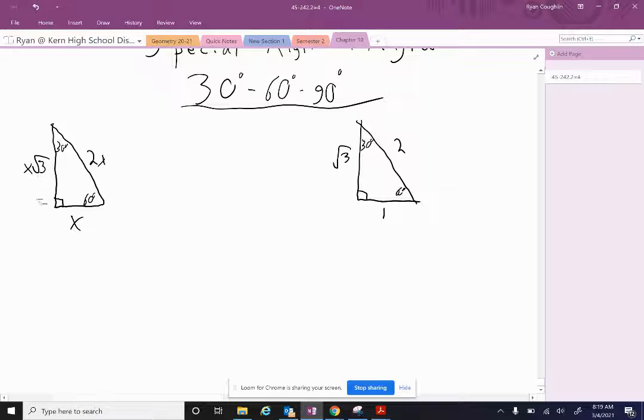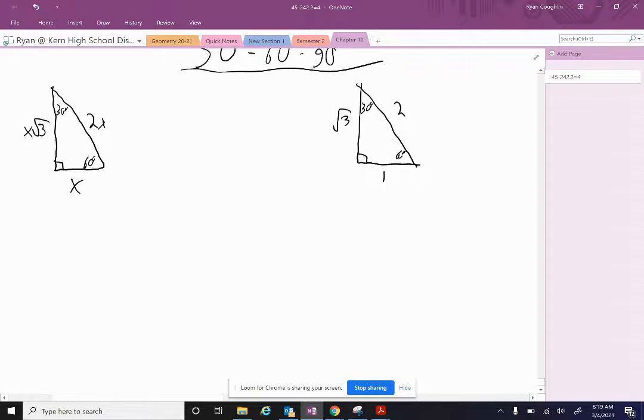We multiply by root 3 to get the longer leg. To get the hypotenuse, the longest side across from the 90-degree angle, we take whatever the short side is and multiply it by 2. So the base triangle would be, if this is 1, this is the square root of 3, and this is 2.